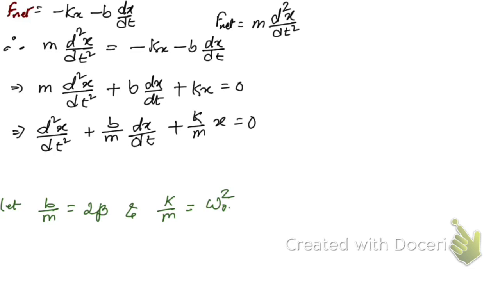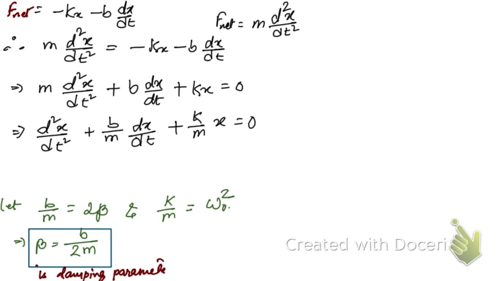So k by m is the frequency for harmonic oscillation when there is no friction or resistance. Beta is equal to b by twice m, and this is called the damping parameter.